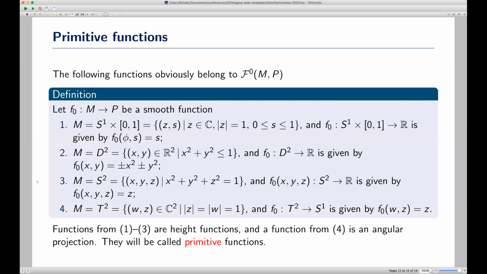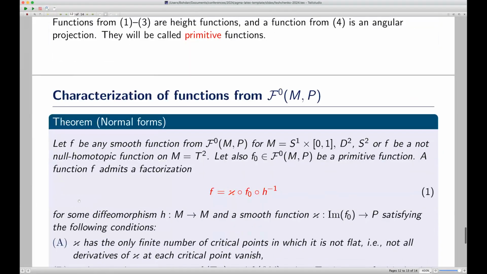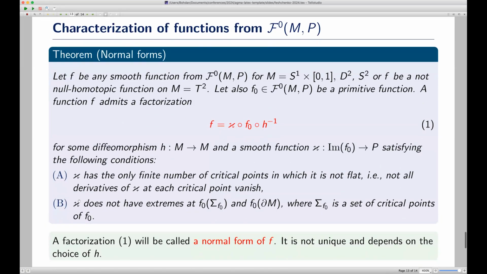The first three of them are height functions, and the last one is a projection. And our main result is the following theorem.